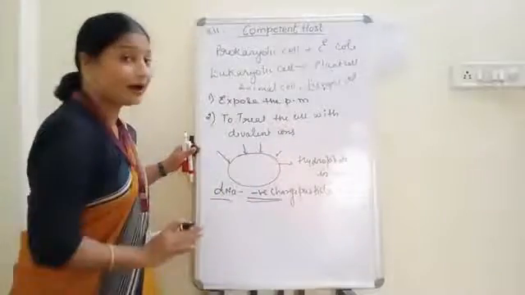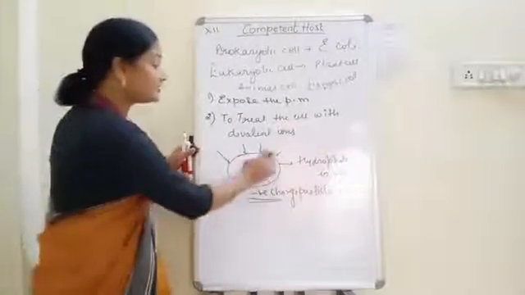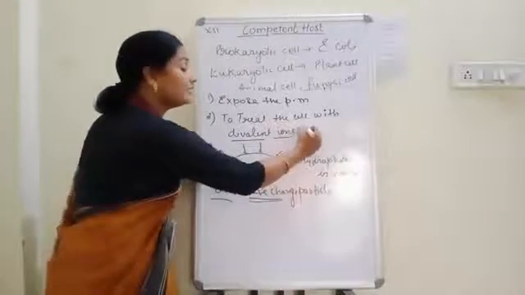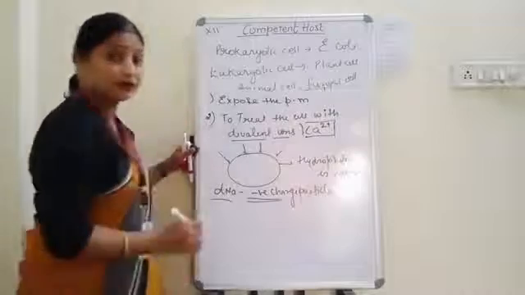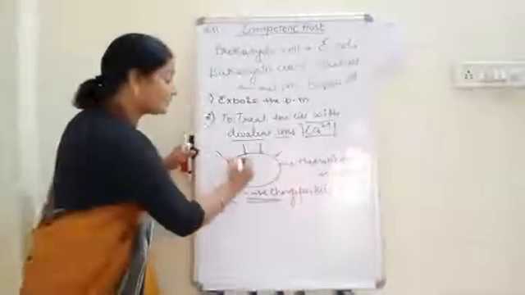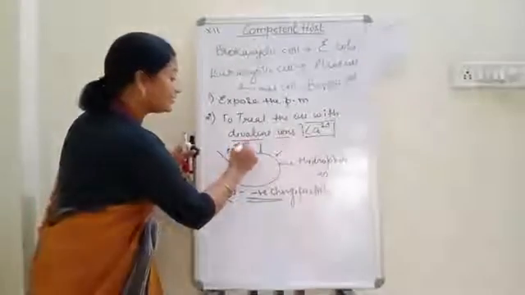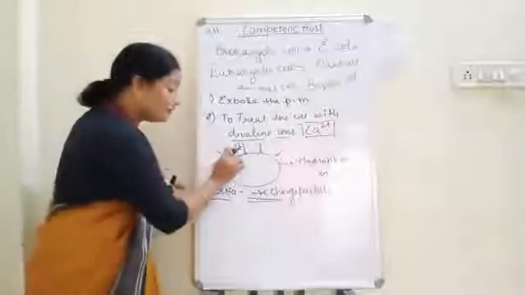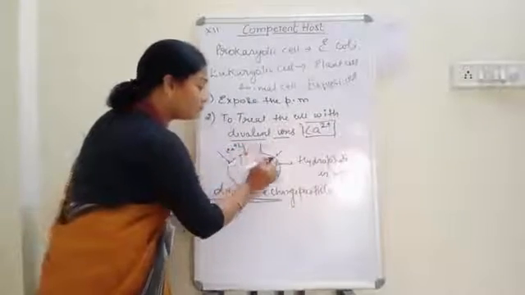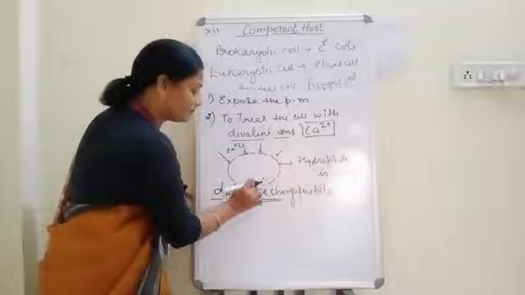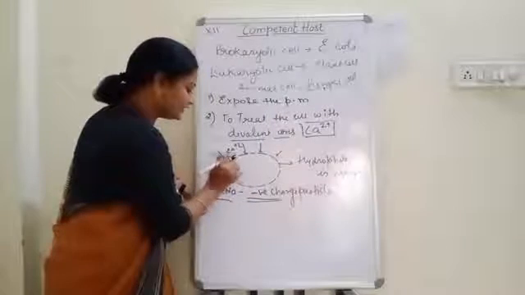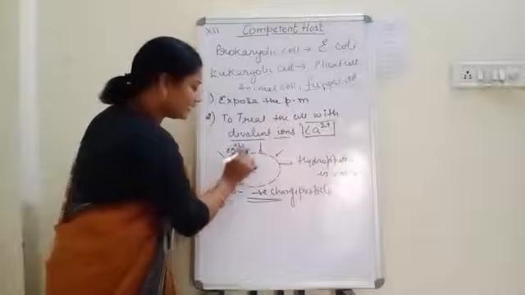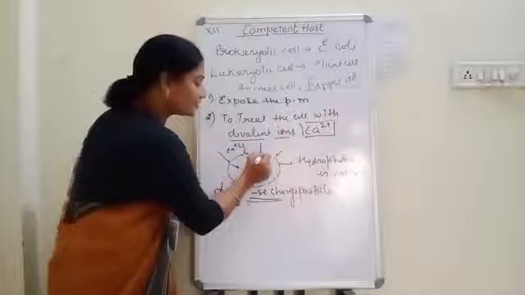So what happens? We will treat this with a divalent ion such as calcium ion. If we treat this with calcium ions, then what happens? There will be pores. Pores will form, and because of these pores, the DNA will easily enter inside the host cell.